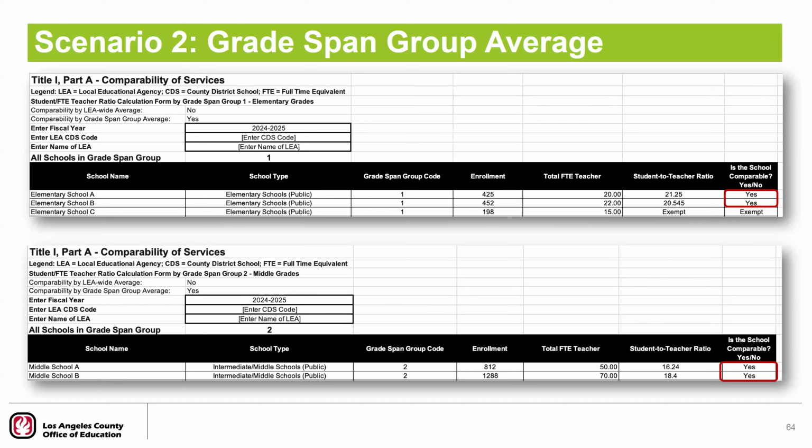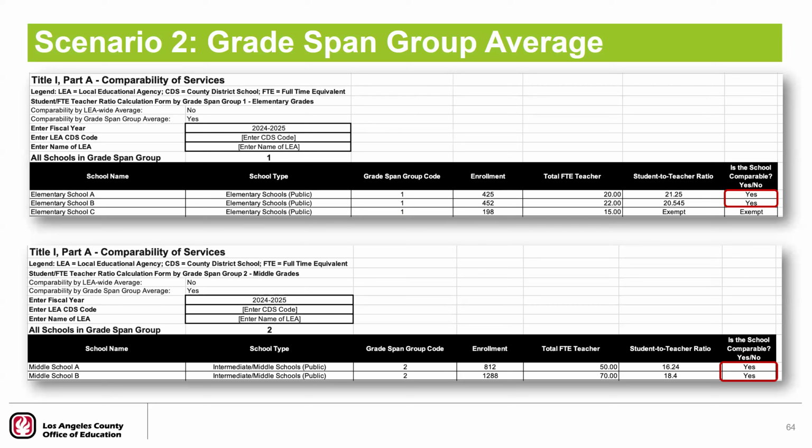So here we see another example, and this one is based on the grade span group average, with the same elementary and middle school data that was included on the previous slide. And so the first screenshot shows the elementary grade span group, and the second shows the middle school grade span group.